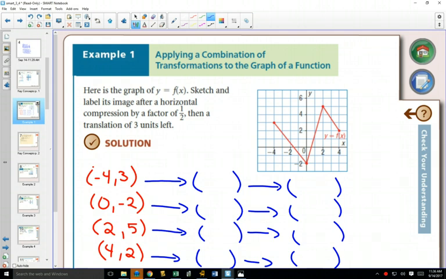So whenever it's a compression by a factor of, you are actually multiplying x by 1/2. Then a translation of 3 to the left after that.